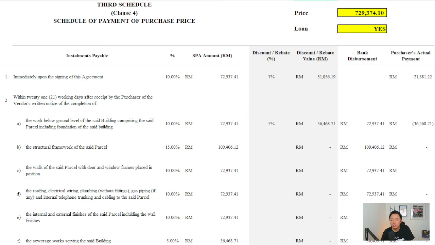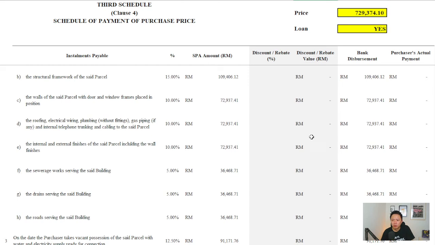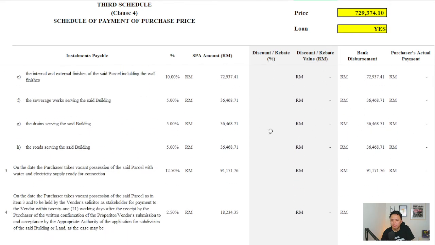Now where this money goes, I'll show you. The rest of it is disbursed by the bank. You see, if the developer is going to bill you 36,000, the bank will disburse 36. It's according to the stages and certification from the architect, the sign off.